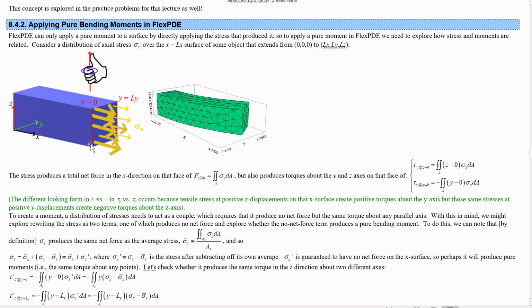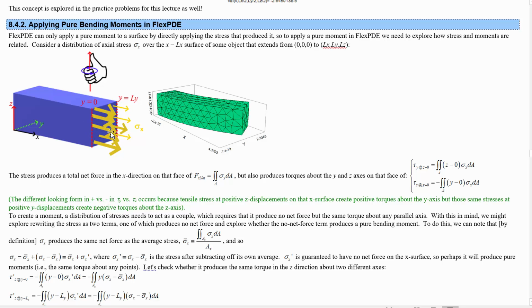So the axis parallel to z would be y equals 0, or actually y equals Ly is also parallel to z. But let's say about the y equals 0 axis, we're going to have a torque in the z direction if we find the torque produced about this axis by these stresses.